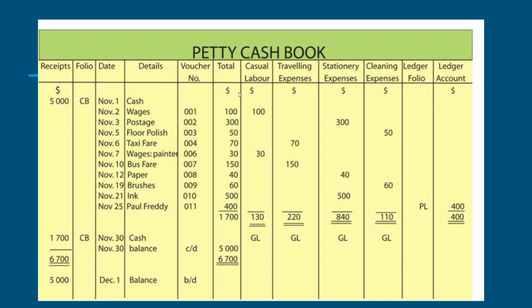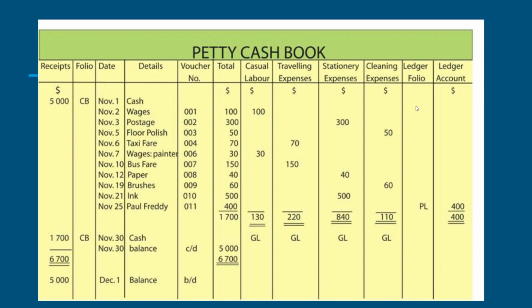For example, we've got traveling expenses, stationery, cleaning, and then we've got some other things which I will talk about later. We've got postage. Now that was $300, and that happened on the 3rd of November, and that will be classified as a stationery expense. So this is just to classify more about the expense and the details, okay?